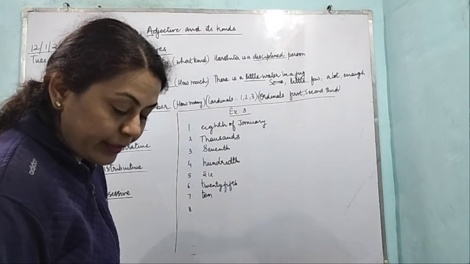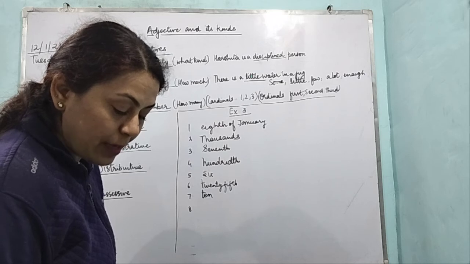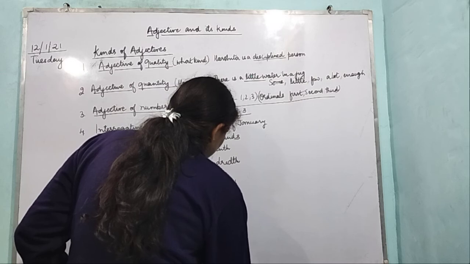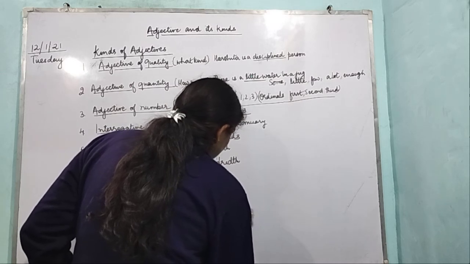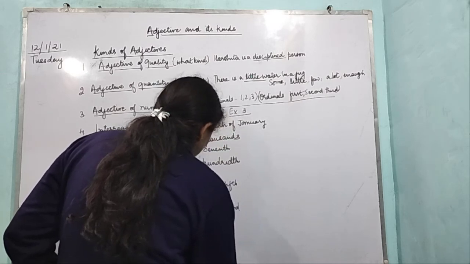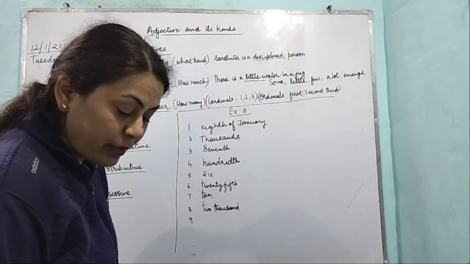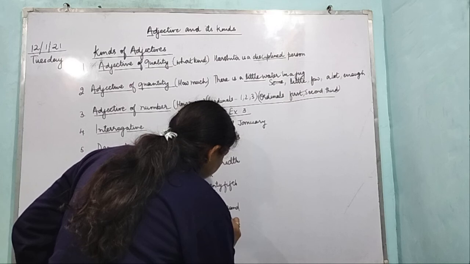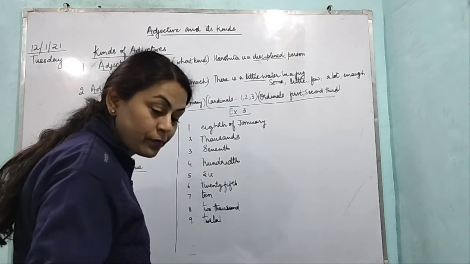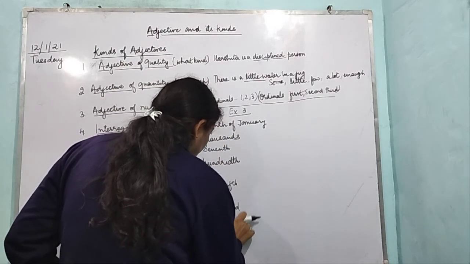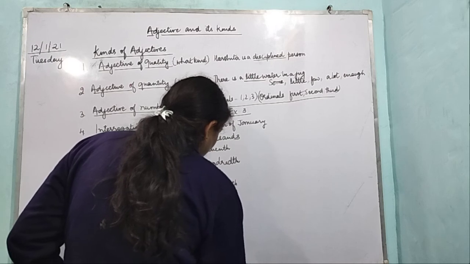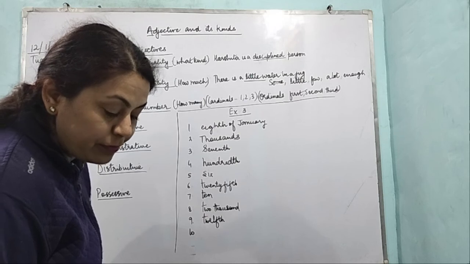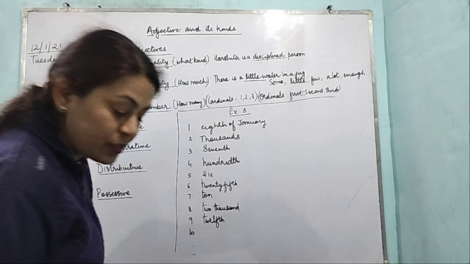My brother has collected 2000 stamps from all over the world. 2000. December is the 12th month. Roni stood first. Roni stood first in the class.